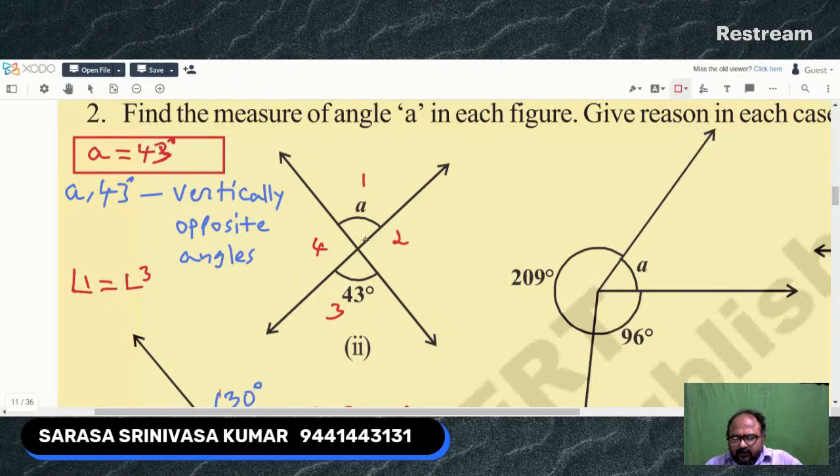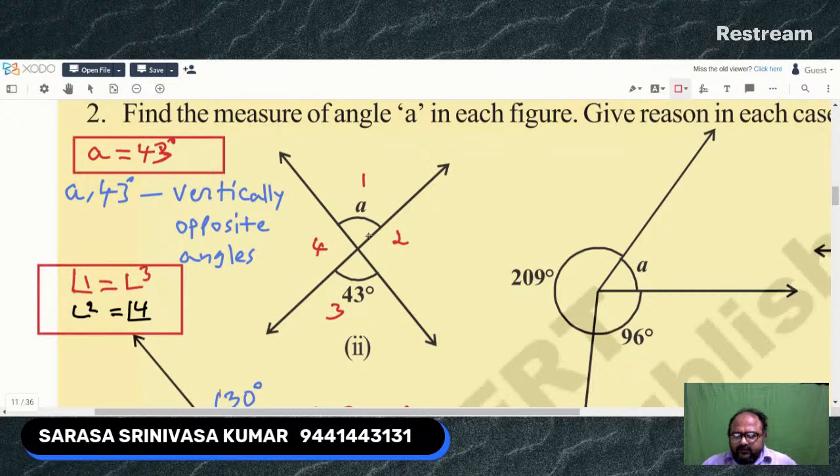Now, angle 1 equals angle 3. And what is the next pair of angles which are vertically opposite angles? Angle 2 equals angle 4. These are vertically opposite angles.